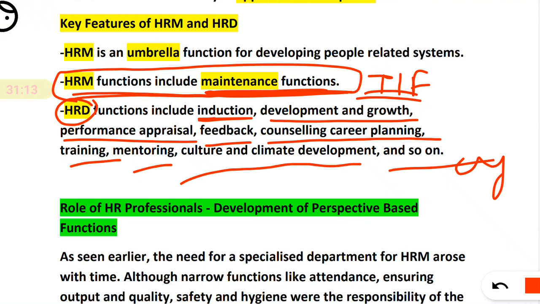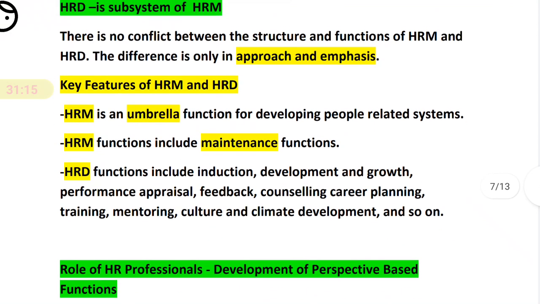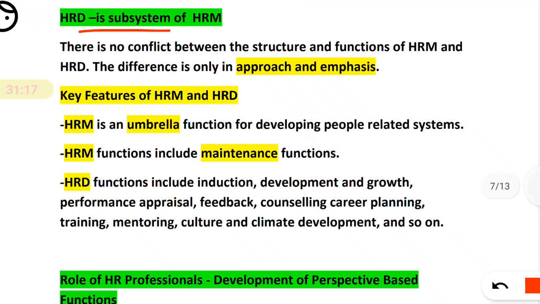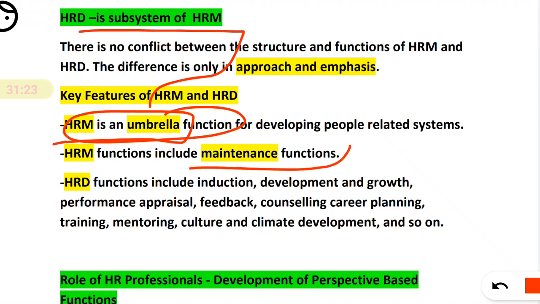So basically the two points you have to remember: HRD is a subsystem of HRM, that's why HRM is an umbrella function, and maintenance is also included in HRM.